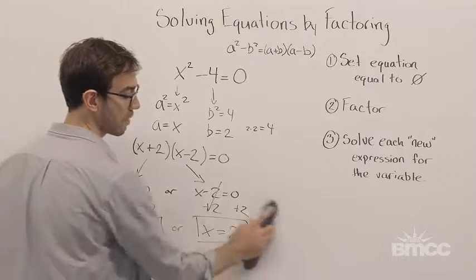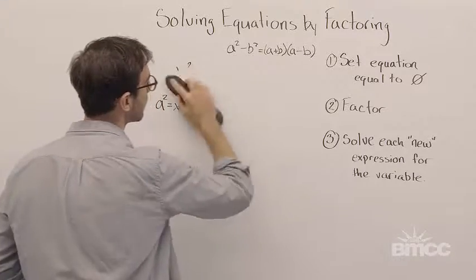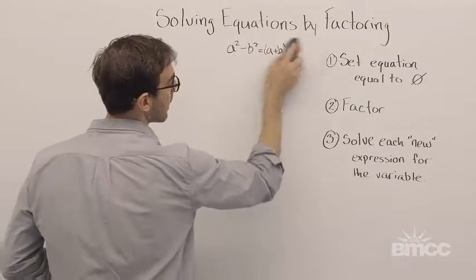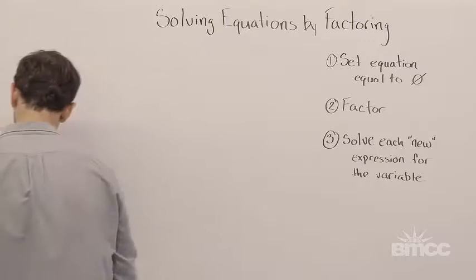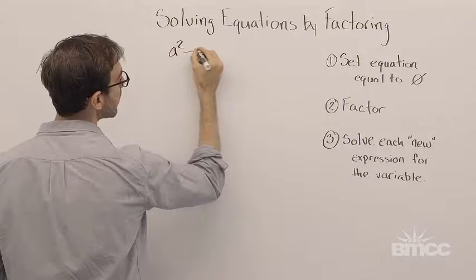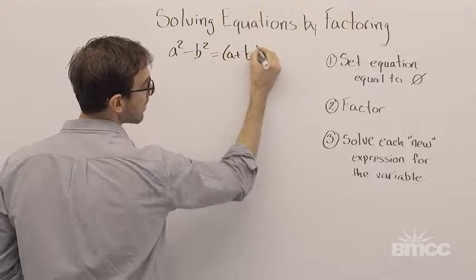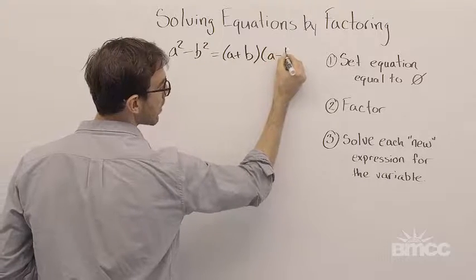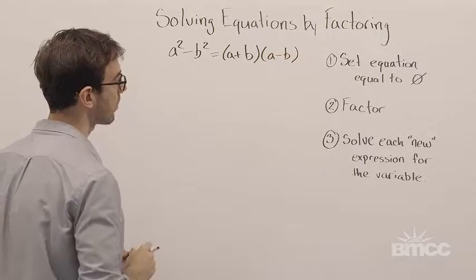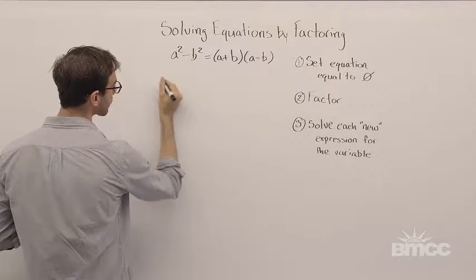Let's take a look at another example here. We get a little more tricky with things. I'm going to rewrite this a little bigger just so we can reference it easier: a squared minus b squared equals a plus b times a minus b. That's just our difference of squares formula. Let's take a look at another one.